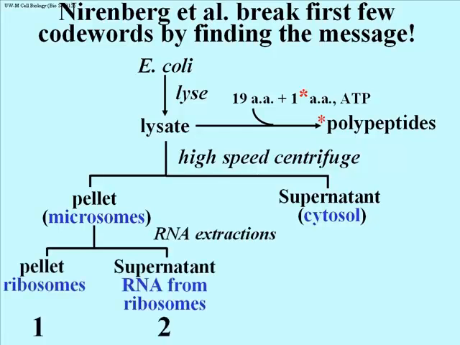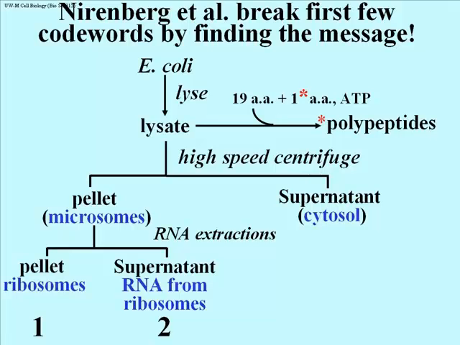Then Nirenberg did several interesting things. To the microsomes, he applied an RNA extraction protocol which separated some RNA from the ribosomes, but without disrupting the ribosomes. And then he spun them again in a centrifuge at very high speeds and got another pellet. This pellet turned out to be ribosomes, but without some of the RNA.